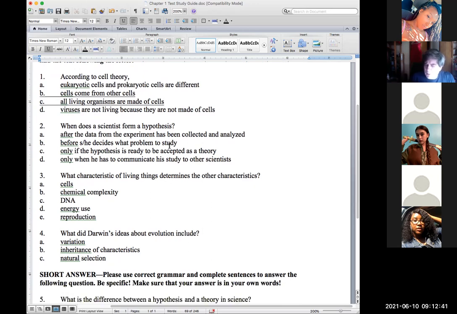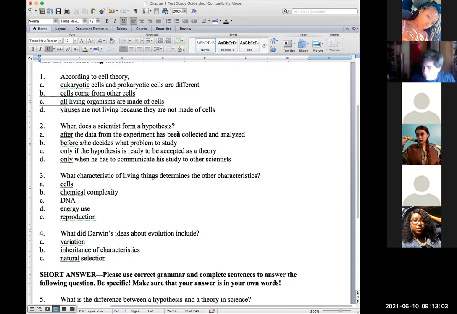When does a scientist form a hypothesis? After the data has been collected and analyzed, before they decide what problem they're studying, only if the hypothesis is ready to be accepted as a theory, or only when he has to communicate the study to other scientists. Well, remember the order of the steps of hypothesis testing.